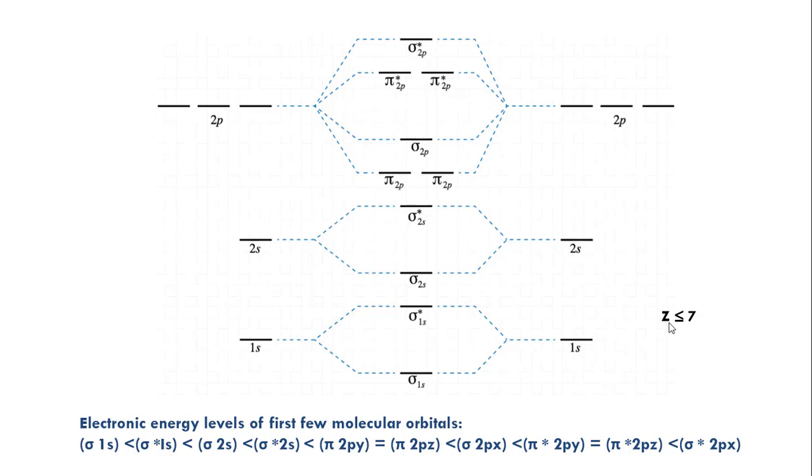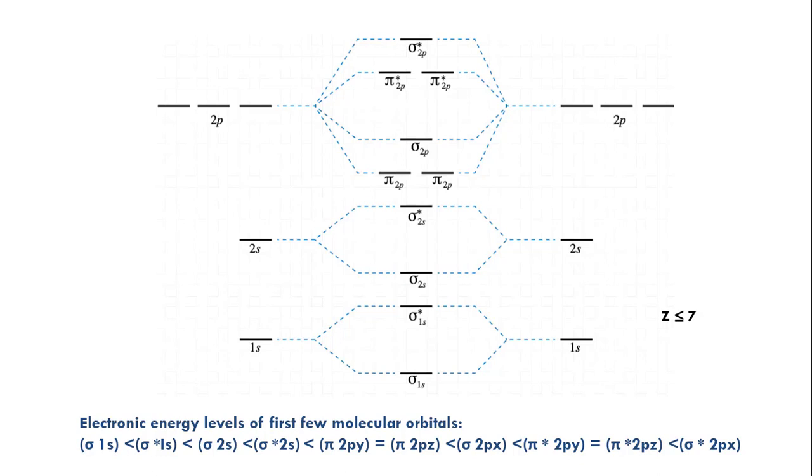That means hydrogen, helium, lithium, beryllium, boron, carbon, nitrogen. So for these first 7 elements, not for the s block elements, because they do not have a p orbital, right? So hydrogen, helium, lithium, beryllium will be exempted.